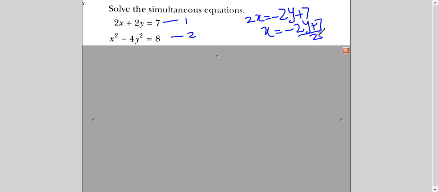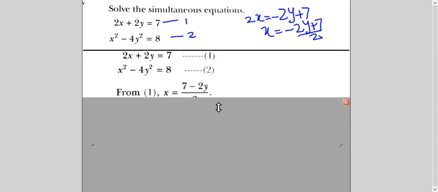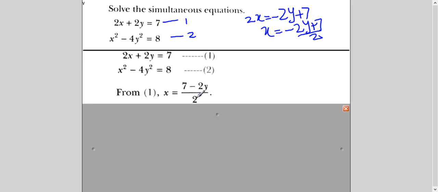Similarly, if I make y the subject, it is exactly the same, only minus 2x will come here. The choice is yours because you have to plug it in. For example, we have made x the subject, exactly what I have written: 7 minus 2y, or minus 2y plus 7, is the same thing. Now you will substitute it in equation 2.